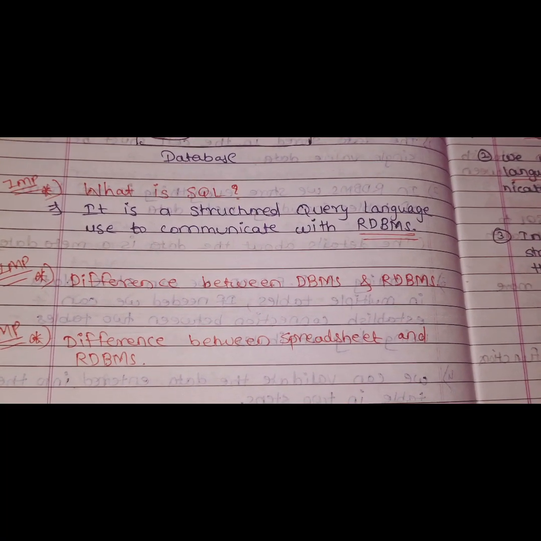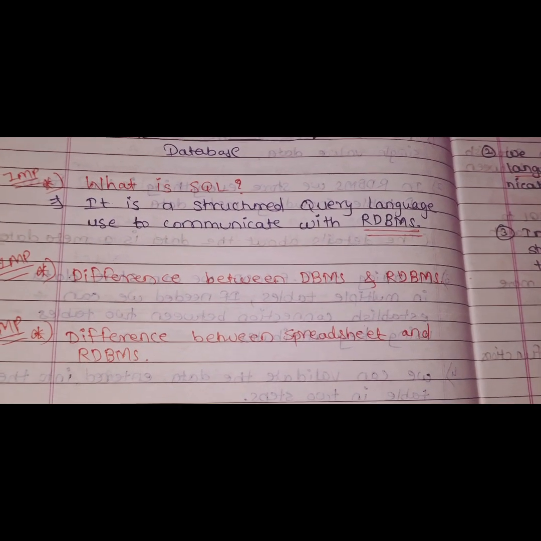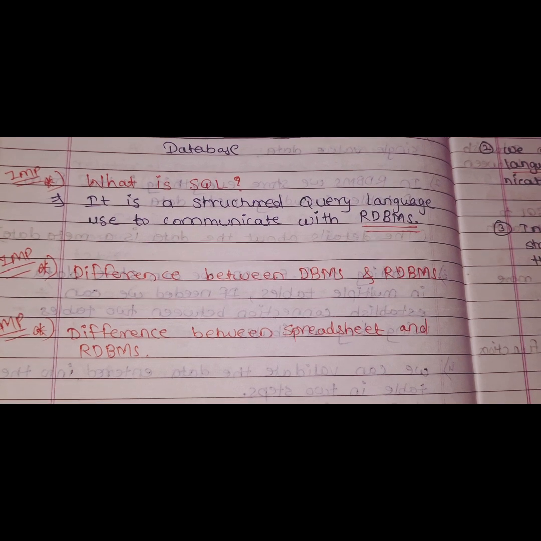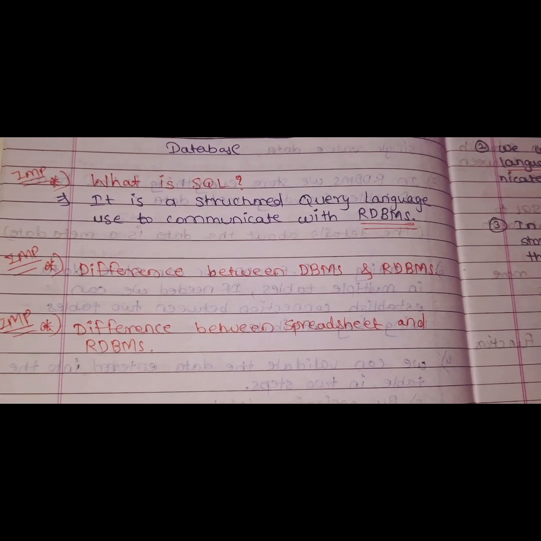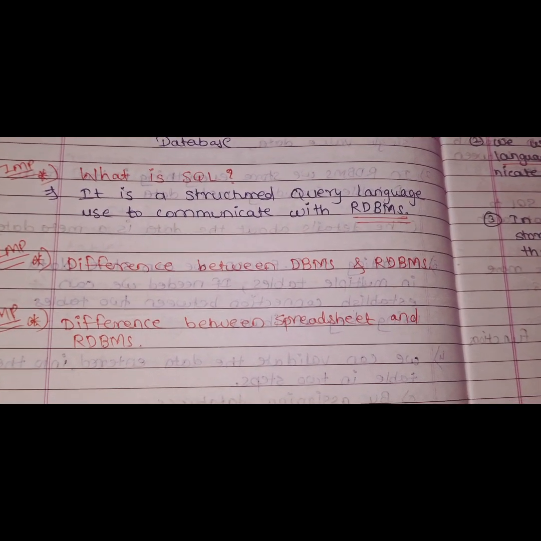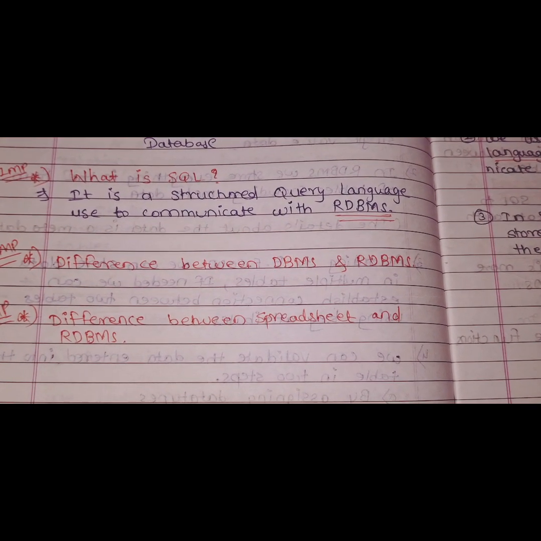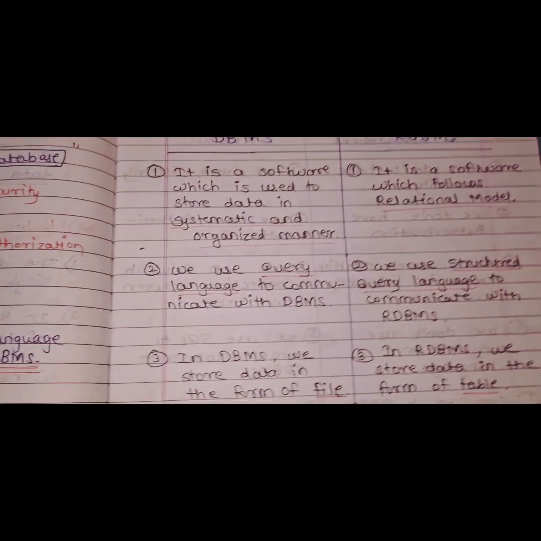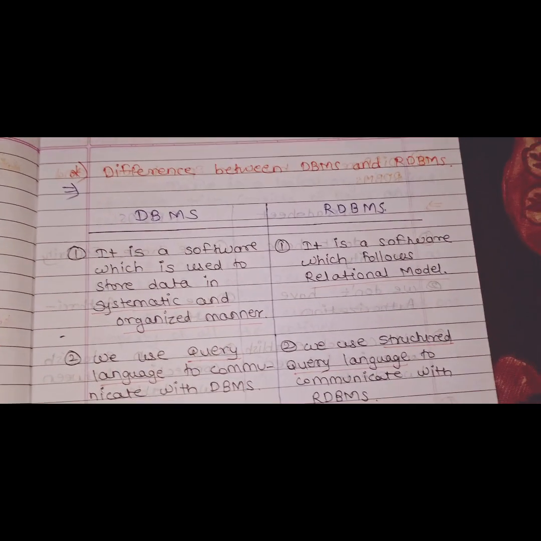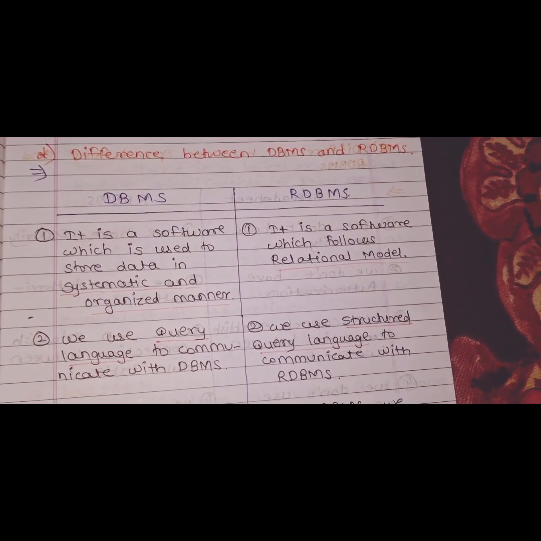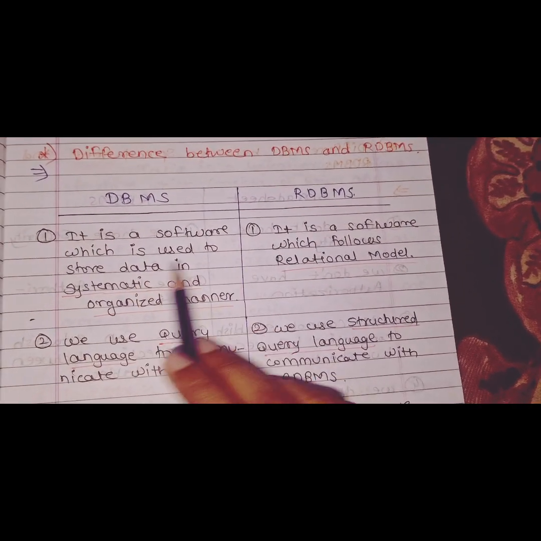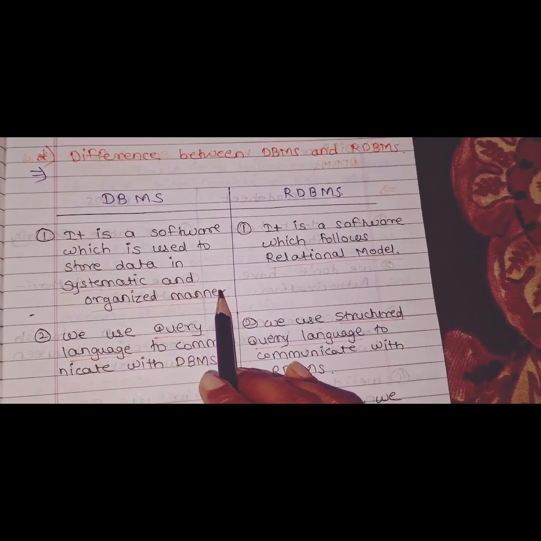Let's take two interview questions. Understand the difference between DBMS and RDBMS. The second one is the difference between spreadsheet and RDBMS. Let's understand it in detail. So first we will see what a DBMS is. DBMS is a software which we use to store data in a systematic and organized manner.